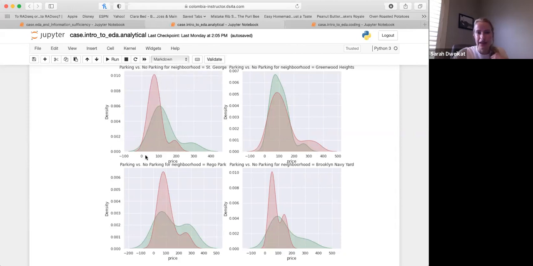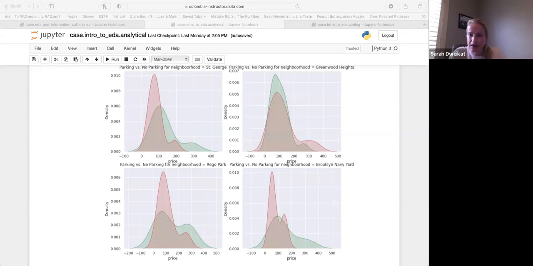What we're looking at here is, like I said before, if we had a really strong relationship, we might see that the peak for green, which is parking, would be over here at higher prices, around 200 to 400 maybe. And then we would see our red peak over here at lower prices. So we do see this separation for some of these plots, these differences indicating different probabilities for these values. Does that help?